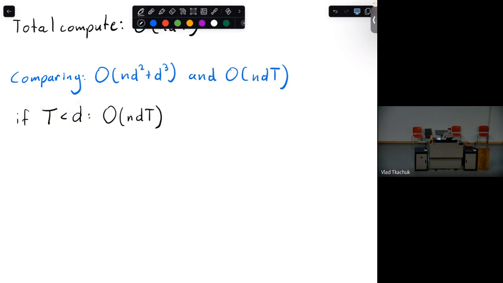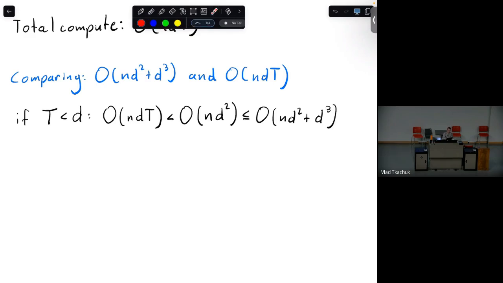So clearly this is less than, and it's a little sloppy to write something like this, but it's less than n d times d, which is just n d squared. I've just replaced T by a bigger number, which is d. And then, of course, this is less than or equal to n d squared plus some other function, like d cubed.